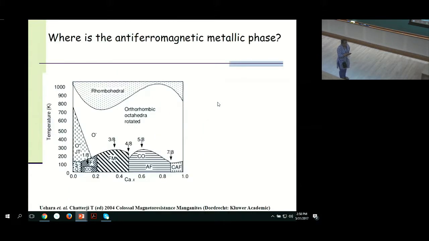But if you take any of the phase diagrams of the 3D transition metal oxides, you don't find an antiferromagnetic metallic phase at any doping concentration. Usually the metallic phases are found to be ferromagnetic.